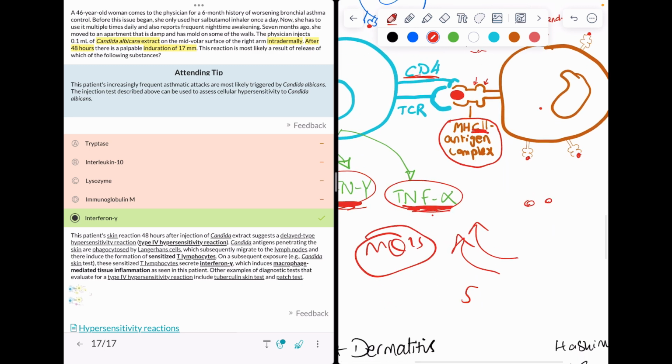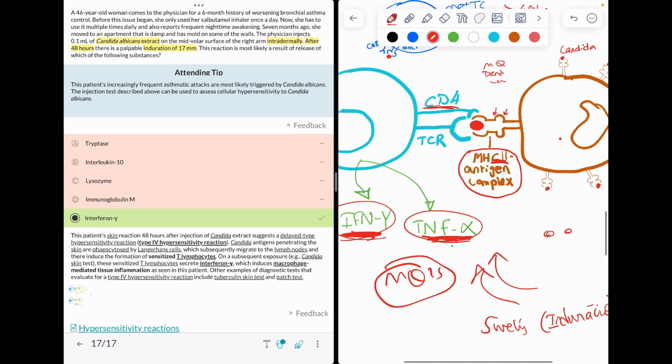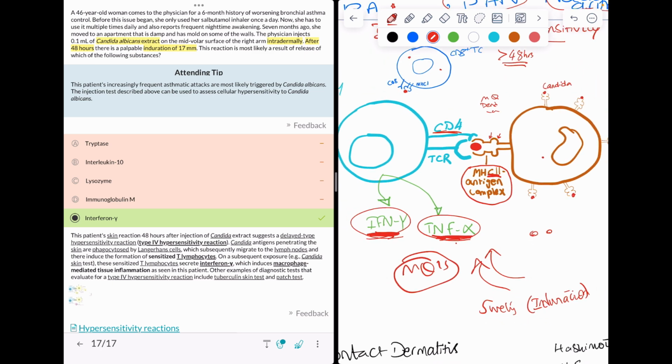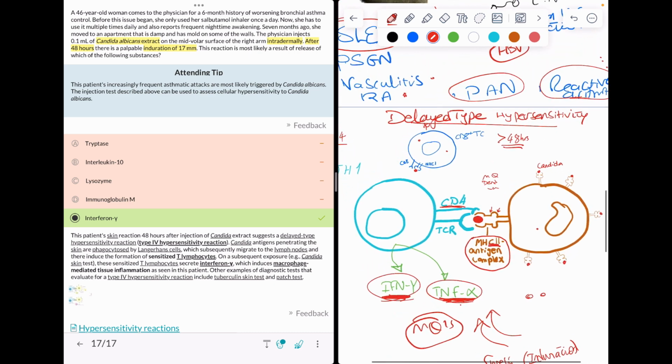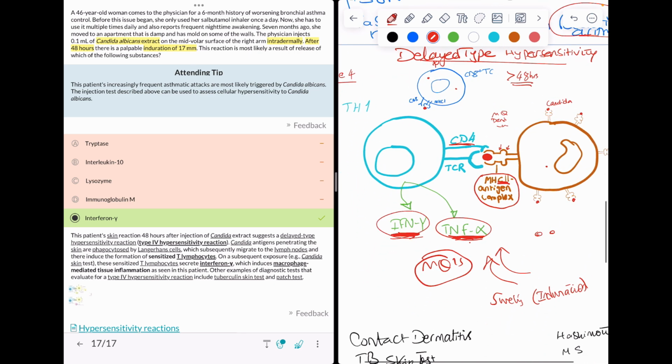This inflammation leads to swelling and induration, and that's what you see and palpate and measure as 17 millimeters. For this to happen, guys, it takes time, and that's why we need at least 48 hours, and that's why it's called delayed. You can see here that no antibodies are involved, so this is a purely cell-mediated reaction called delayed type hypersensitivity. This is not the only example.